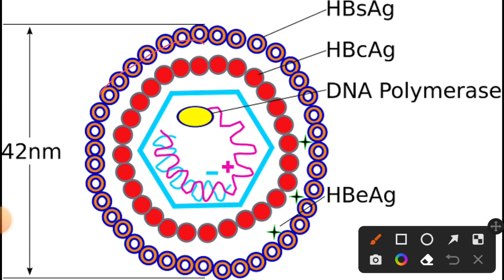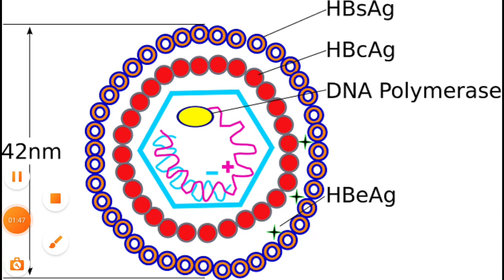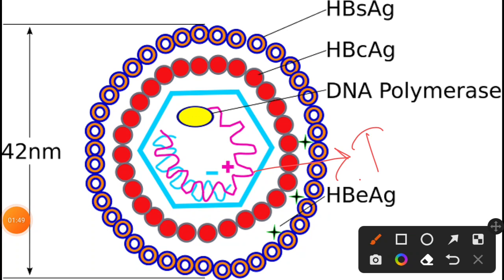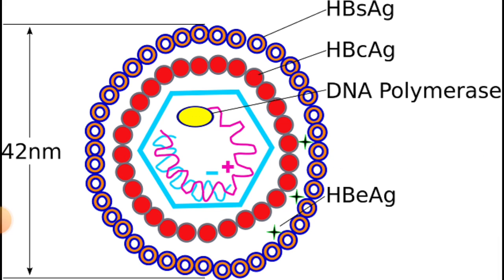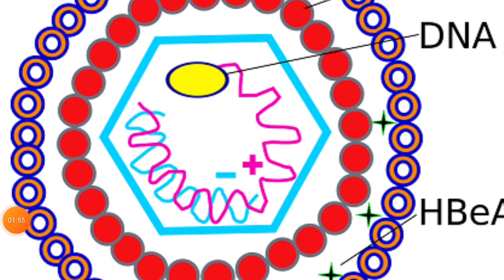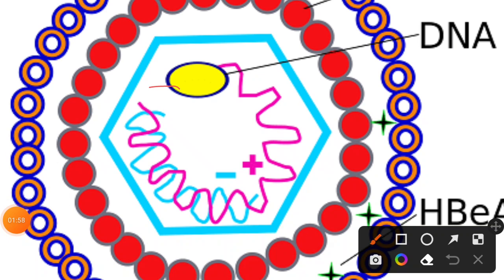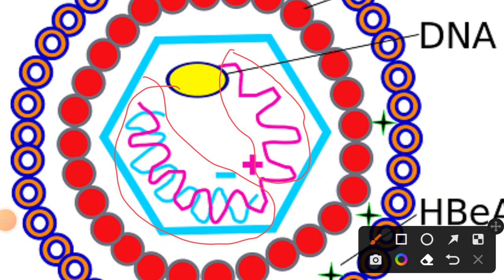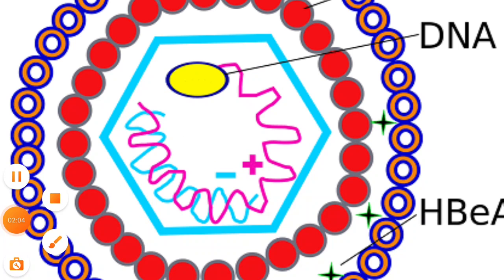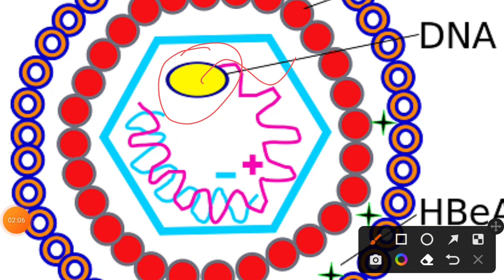This is layer number 1, and this is the double layer or double shelled structure. Here the capsid is an icosahedral capsid, and inside it there is a partially double stranded DNA genome along with viral DNA polymerase. They carry viral DNA polymerase.